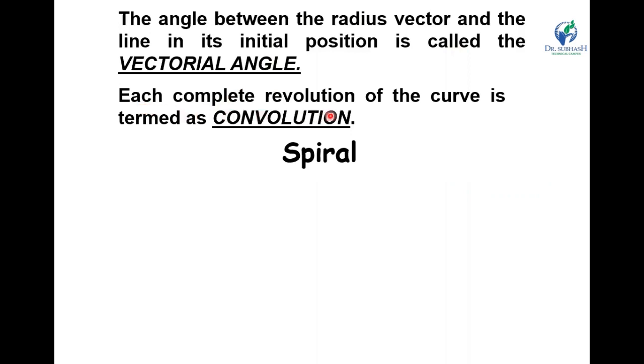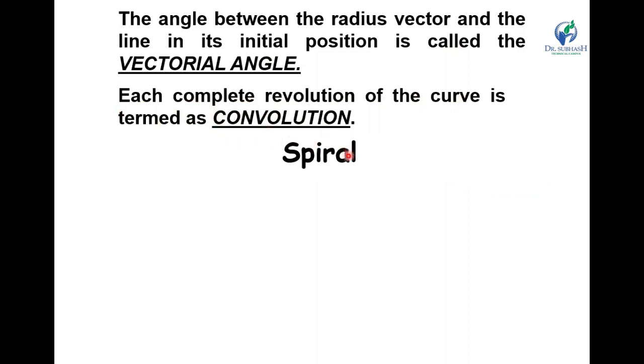Each complete revolution of the curve is termed a convolution. The term convolution means the 360-degree rotation of the spiral, so one revolution is equal to one convolution, which is 360 degrees.